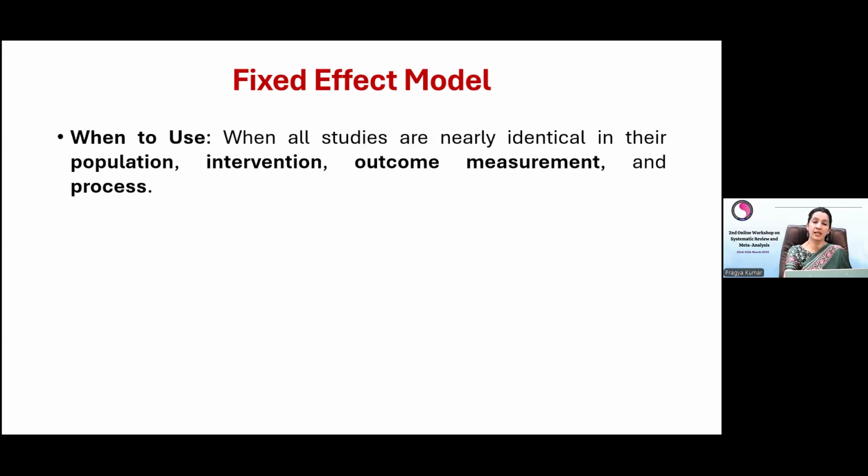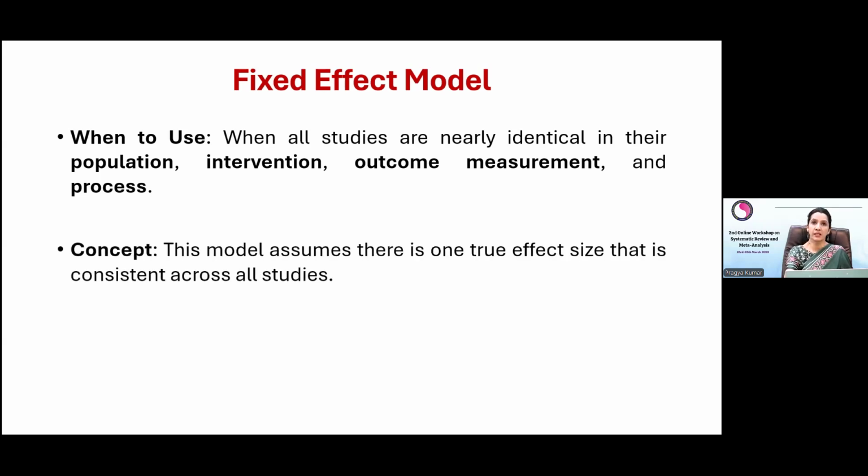If I am selectively selecting studies from UP and Bihar and doing the meta-analysis of a similar type of intervention, and the outcome measurement and the processes are also very similar, then I'll use a fixed effect model. And this model assumes that there is only one true effect size.